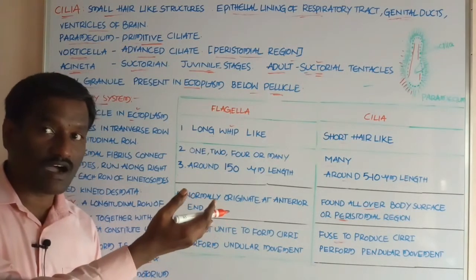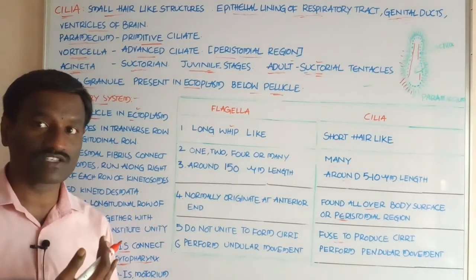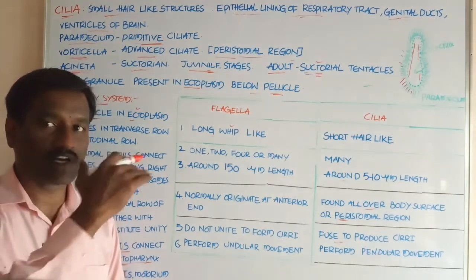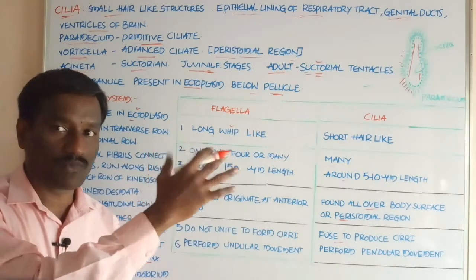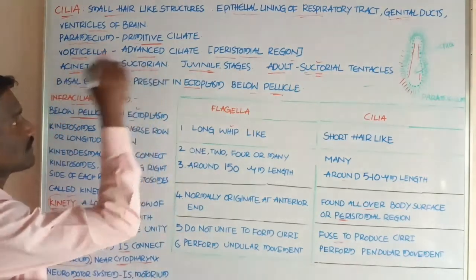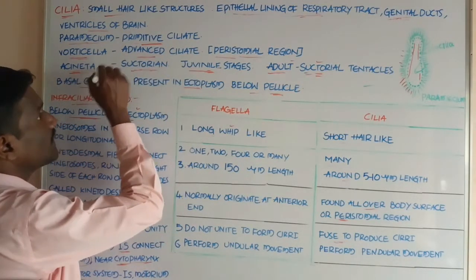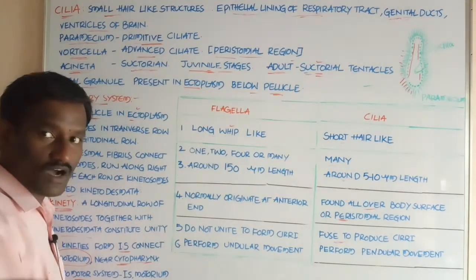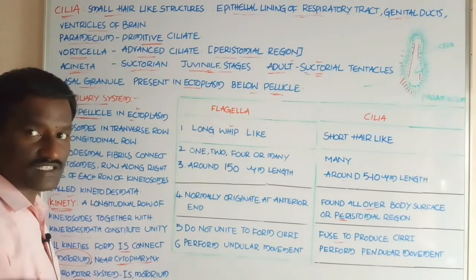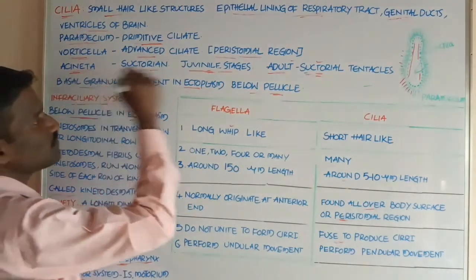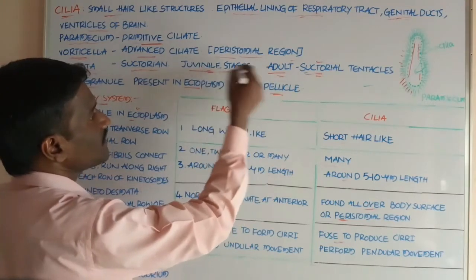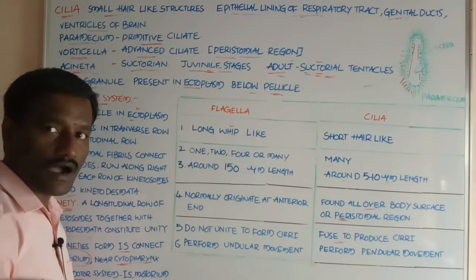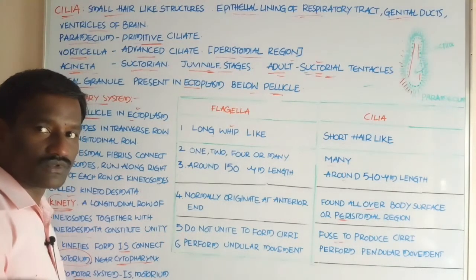Suctorian means a ciliate protozoan belonging to the subclass Suctoria, in the phylum Protozoa. Cilia are present in juvenile stages, the childish, young, immature form, but it develops into the adult one. There the cilia are replaced with suctorial tentacles, which help in absorption of the food.